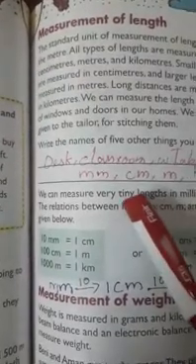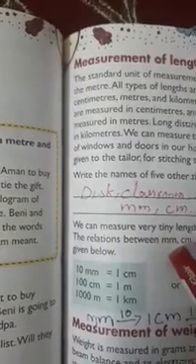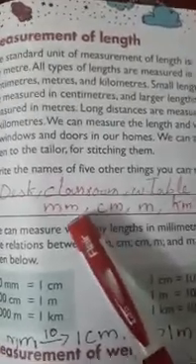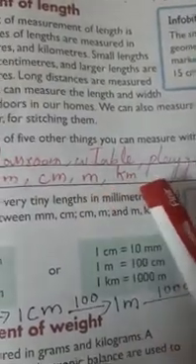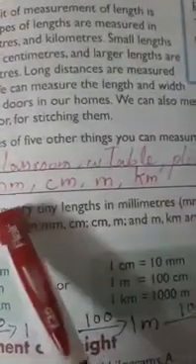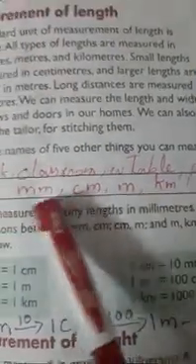Okay, so here are the units of length. The smallest unit is millimeter, then centimeter, meter and kilometer. These are the units of length in increasing order.